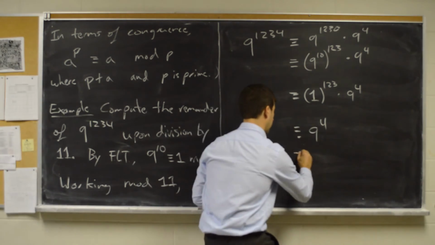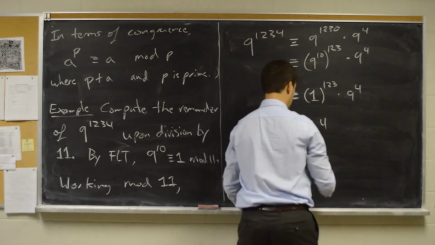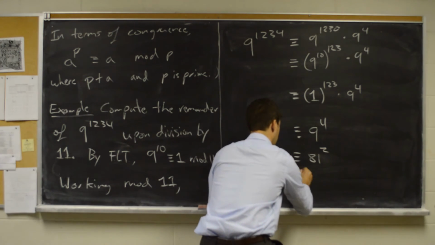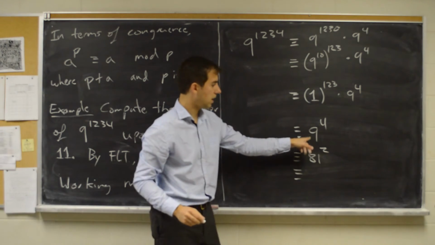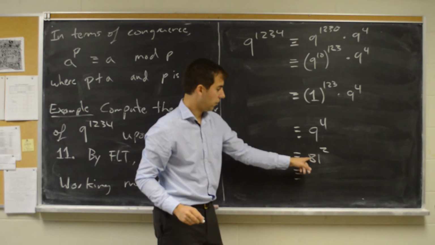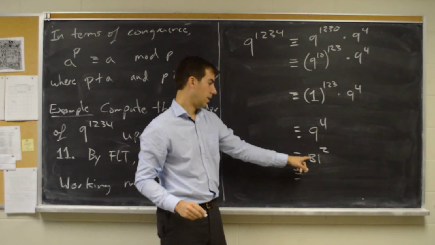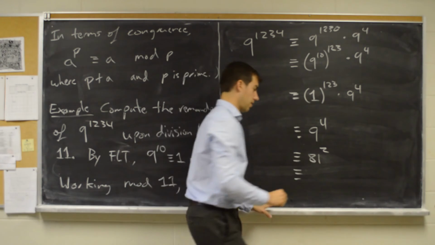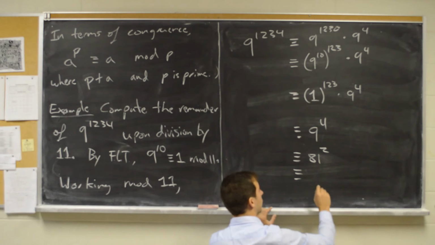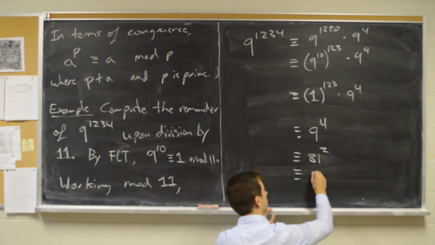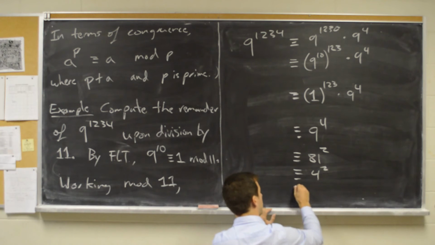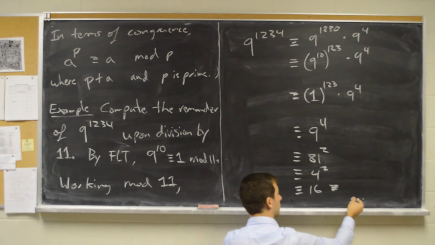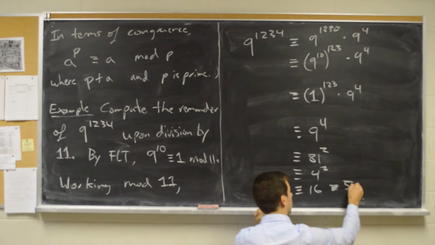And now we just have to do a little bit of arithmetic. We're working mod 11, right? So this is 81 squared, 9 squared squared. 81 mod 11: 11 times 7 is 77, and so this is 4 more than that. So 81 is congruent to 4 mod 11. So this is 4 squared, which is 16, and 16 mod 11 is 5.